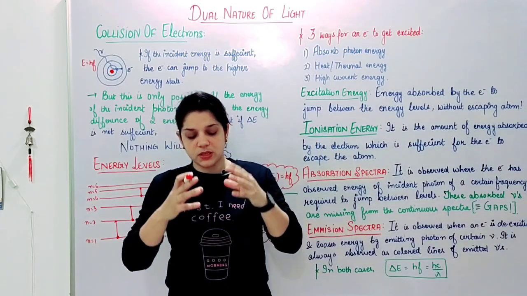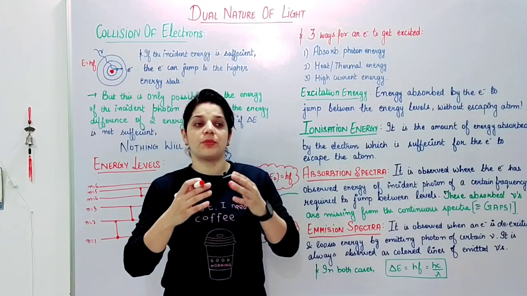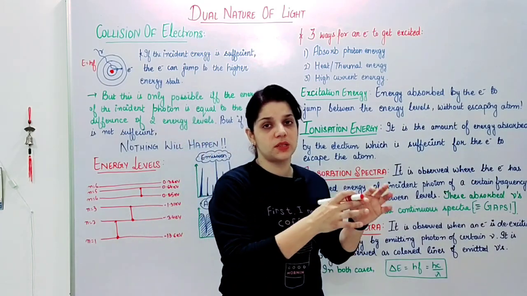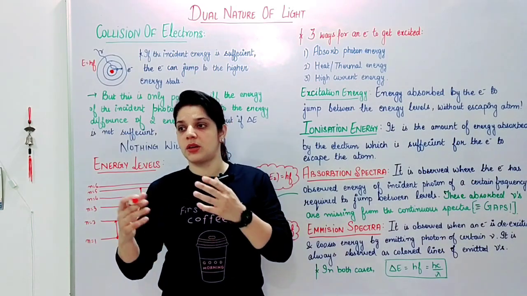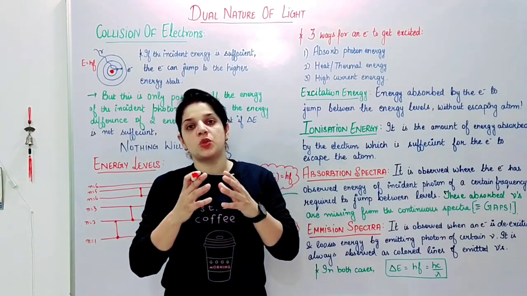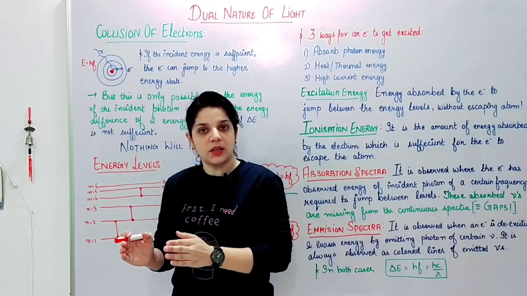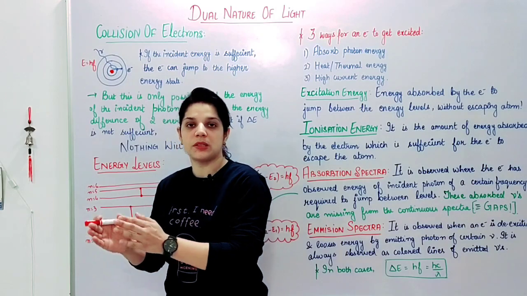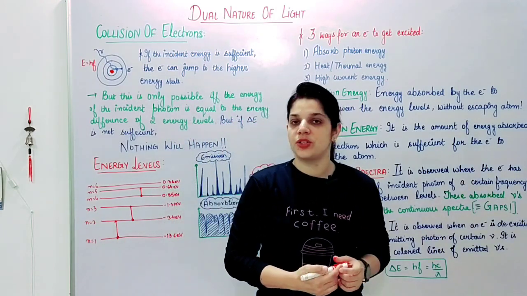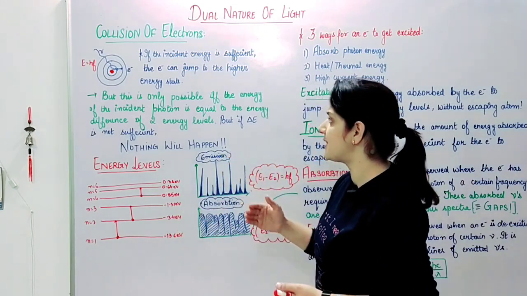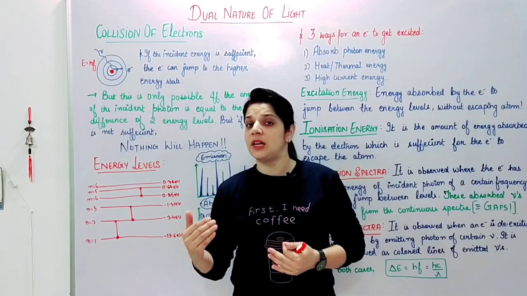Now, whenever I am talking about an electron, I am specifying it is present in a certain shell, it is having certain quantum numbers. So in a way I am assigning a certain amount of energy to this electron. When I'm saying these are shells or subshells, I'm talking about energy levels.